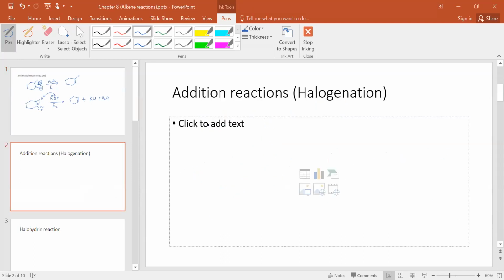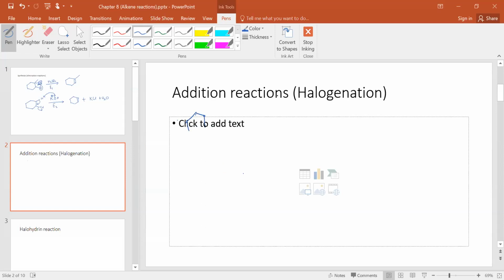Now next, we'll talk about the different reactions of alkenes. So first, addition reactions.